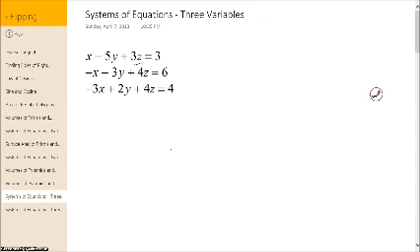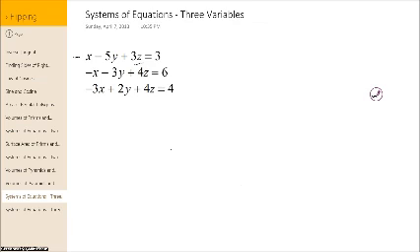Really, the way to do that is to figure out how you can use one of these equations to knock out one of the variables from the other two. Okay? So I think in this case, I see I've got just an x right there, and in the past we've seen that if you've just got a variable by itself, it tends to be a little bit easier to work with if we're manipulating, if we're trying to cancel some out.